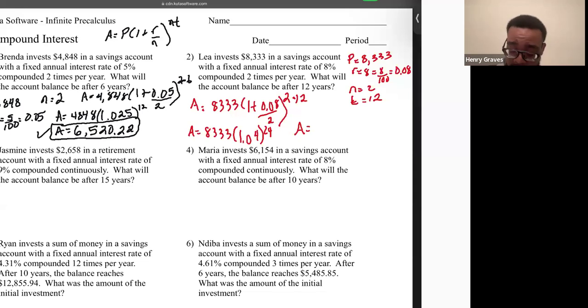And oh, wow, that's good. She's going to end up making $21,360 in her bank account in 12 years. That means her money almost tripled. I mean, that's pretty cool.